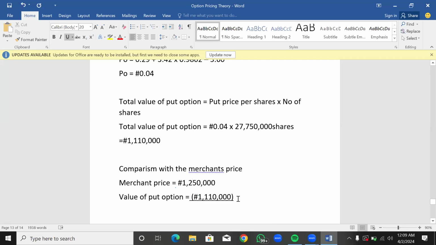So now we can come here and say over, the price by how much now? 140,000.